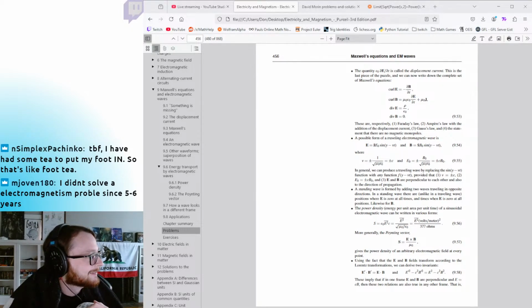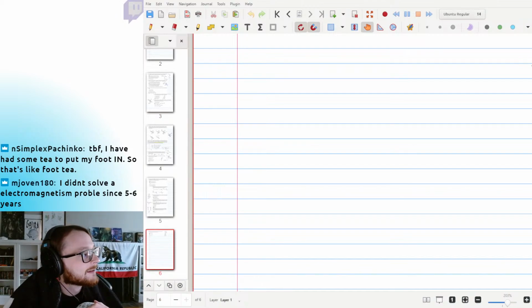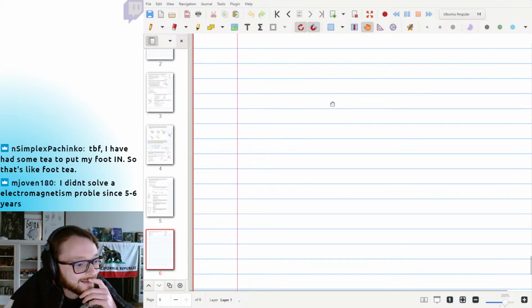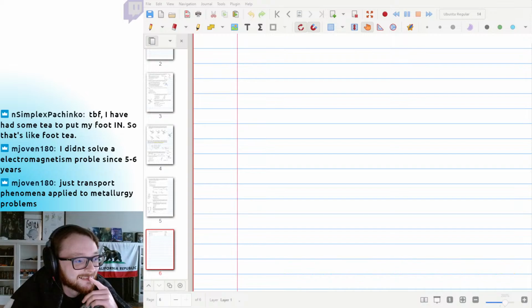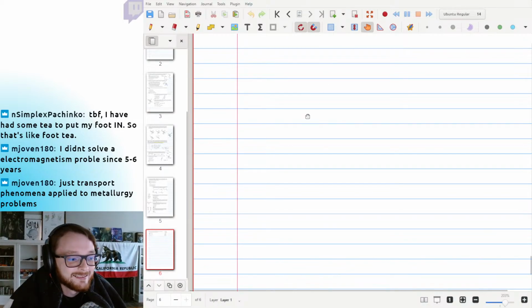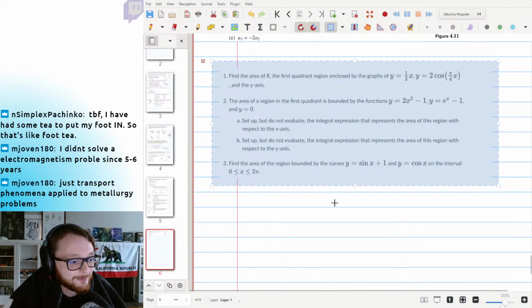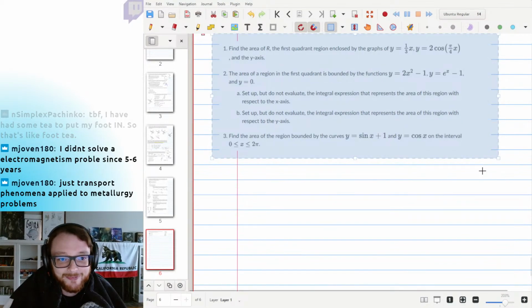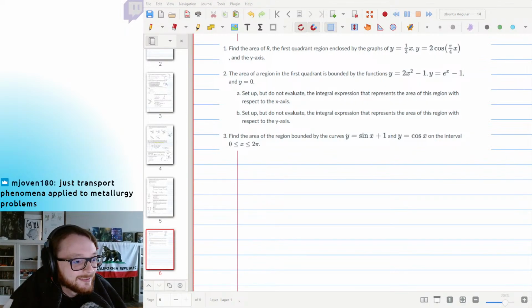Transmission applied to metallurgy. Oh, okay, that sounds fancy. So we just have to check their work, I think.